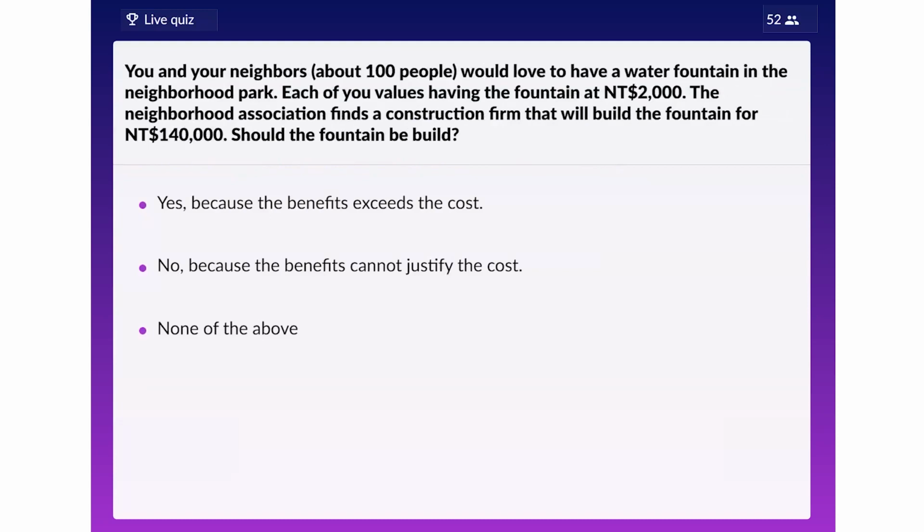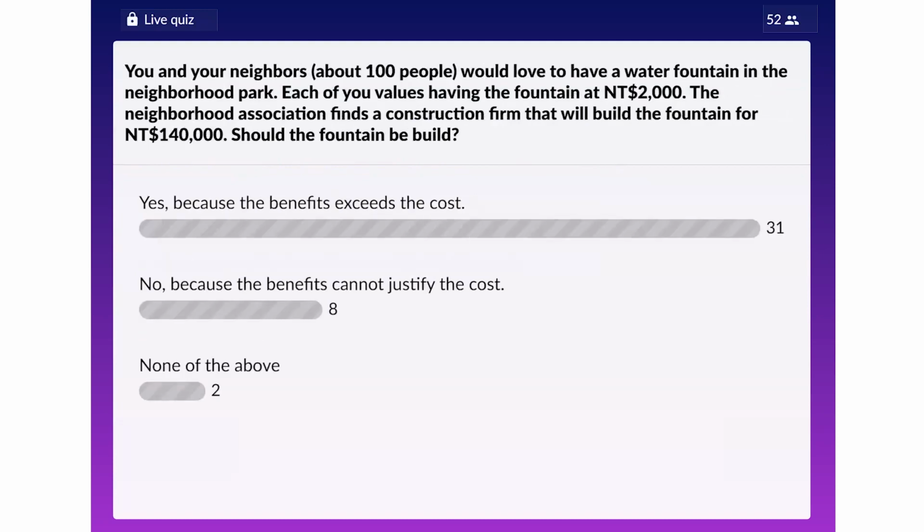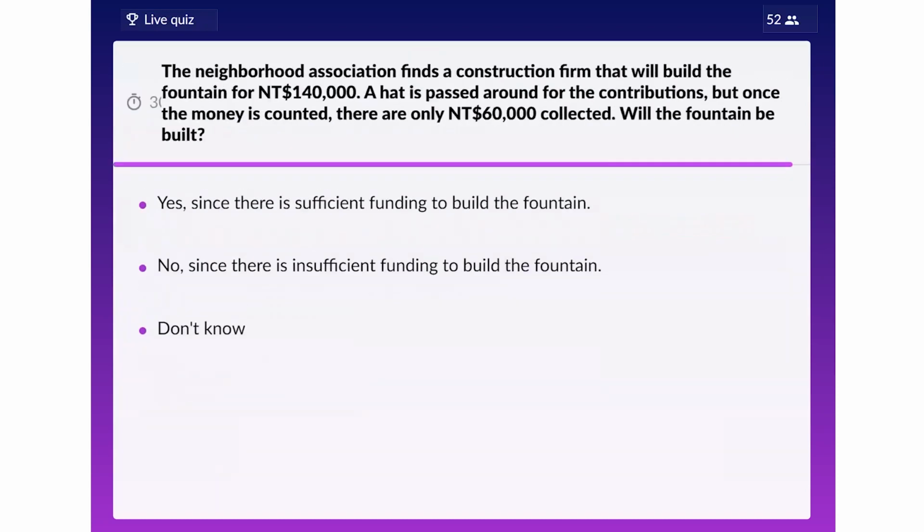Okay, so let's look at your answers. The majority of you said yes, the benefit exceeds the cost, and that is the answer. Next one, will the fountain be built or not? Yes, because there is sufficient funding to build the fountain, or no, since there is insufficient funding to build the fountain, or don't know.